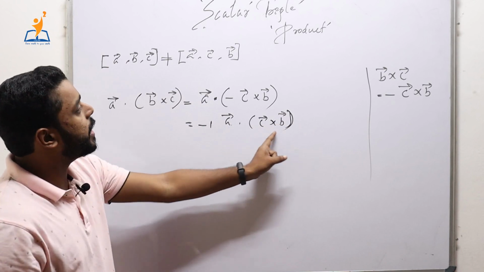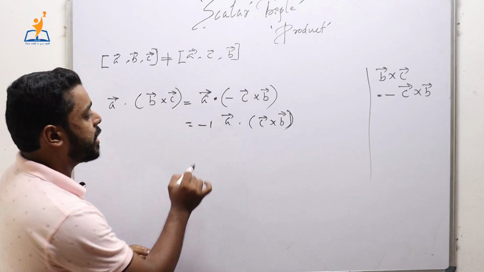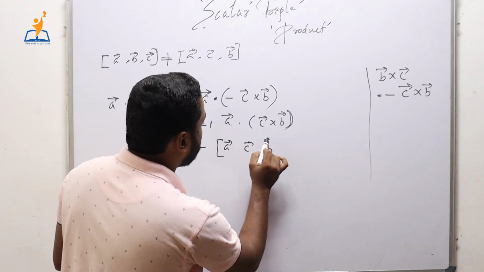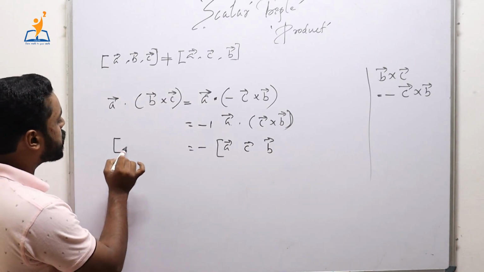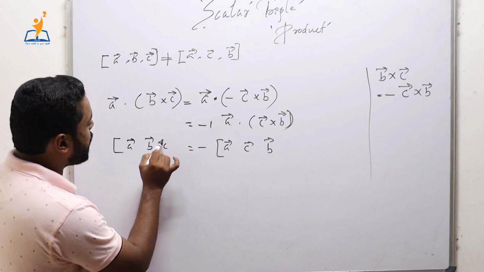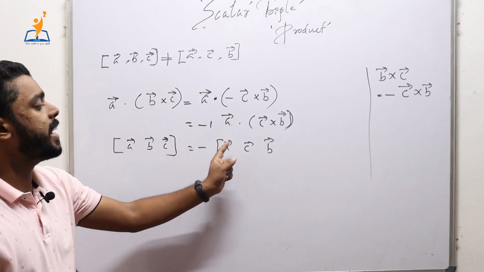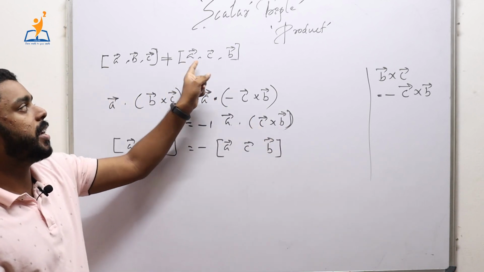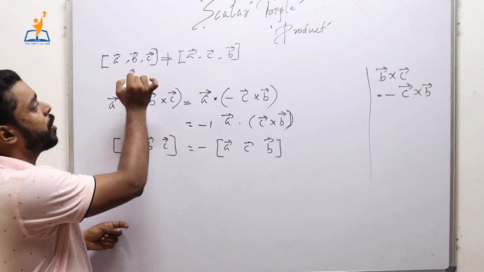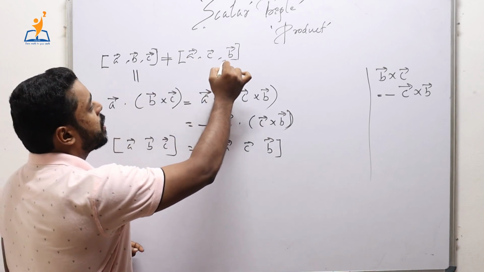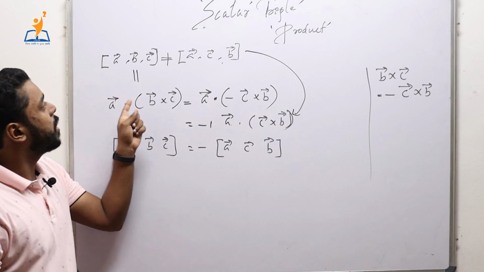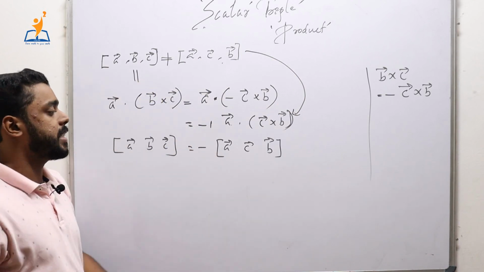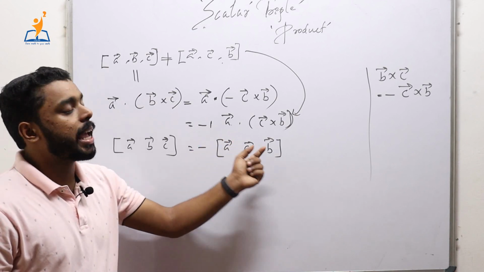Now A dot C cross B is nothing but box ACB, so it is minus box ACB. Since A dot C cross B is box ACB, and A dot B cross C is box ABC, we can easily arrive at the conclusion that box ABC is nothing but minus box ACB.